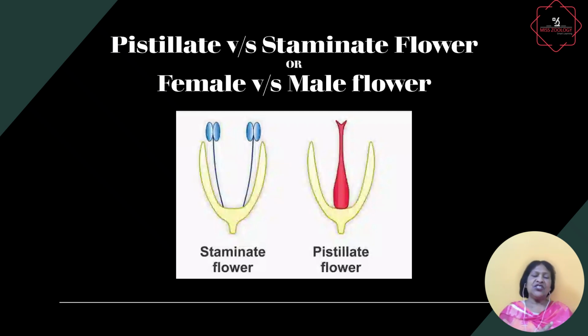And when we come to the staminate flower, we will say a staminate flower is also a unisexual flower which possesses androecium.